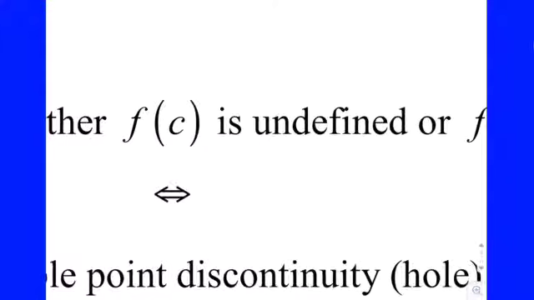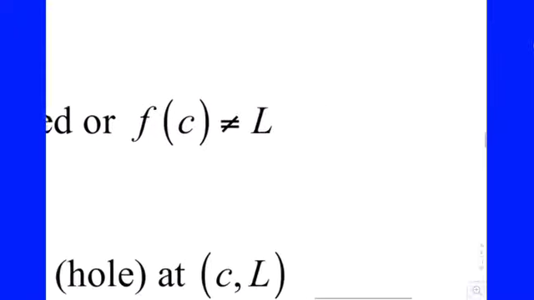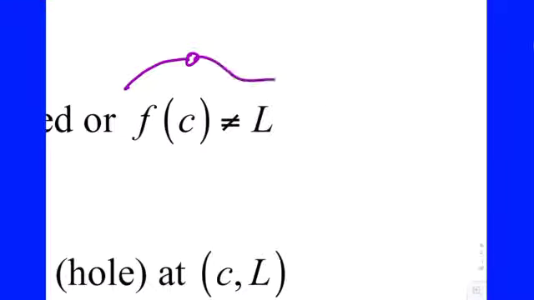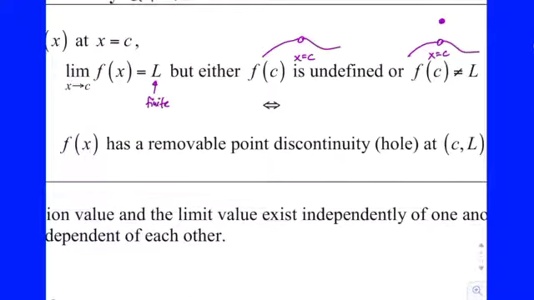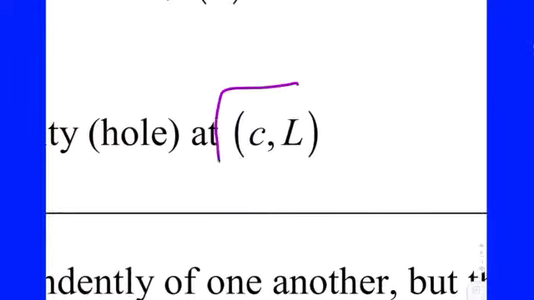Either the function value is undefined, that would look something like this. There actually is no dot anywhere. Or the function value does exist, but it's not equal to the limit value. Maybe it's up here somewhere, right? Or down below somewhere. In either of those two cases, we say that we have a removable point discontinuity or a hole at the coordinate c comma L.